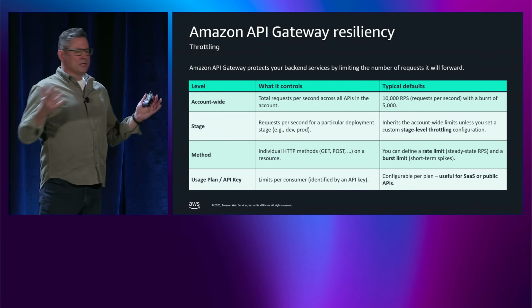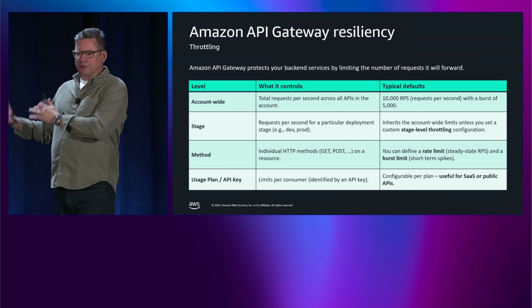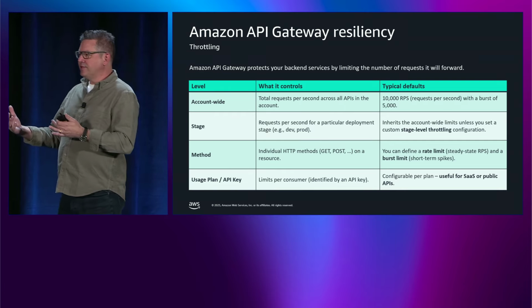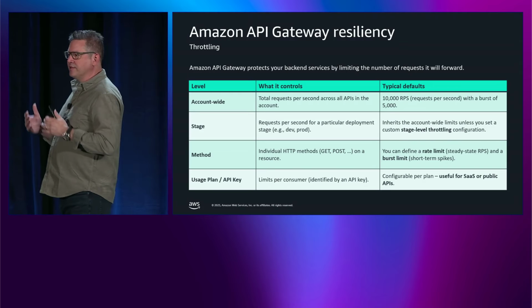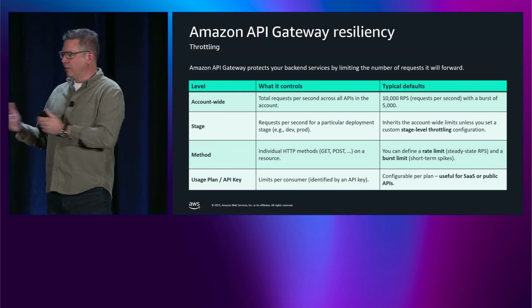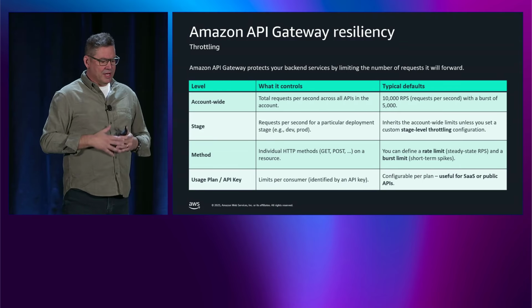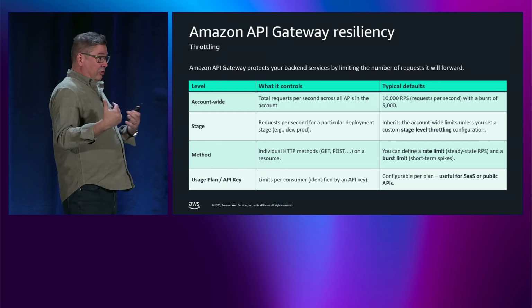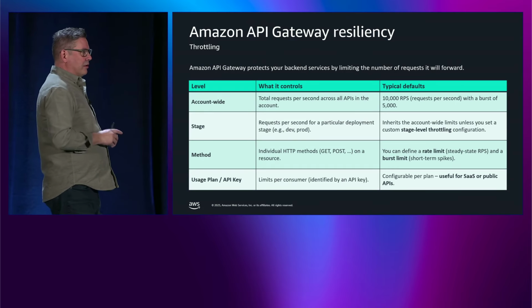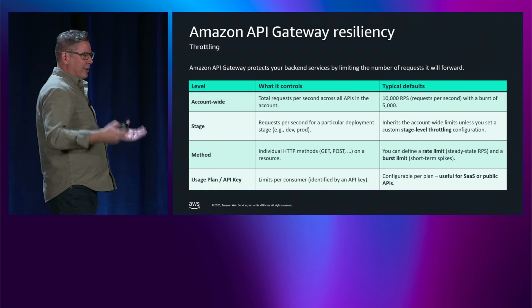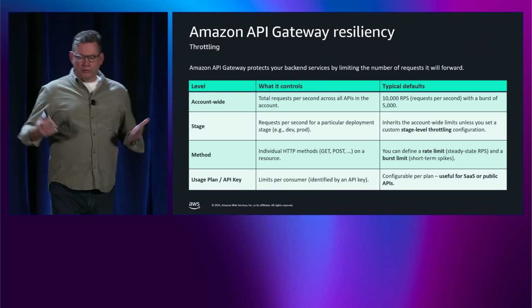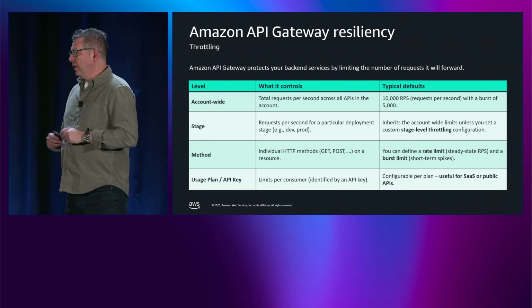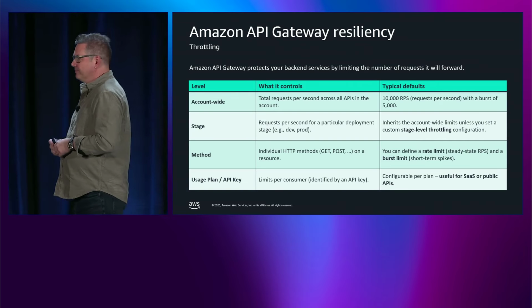You can have customers that are extra large, large, or small, and then you can assign particular throttling rates to those usage plans, and then give those users API keys that determine what kind of throttling rates are applied to the requests that they are making. And that is a super useful tool, particularly if you're building SaaS applications or you're exposing public APIs.